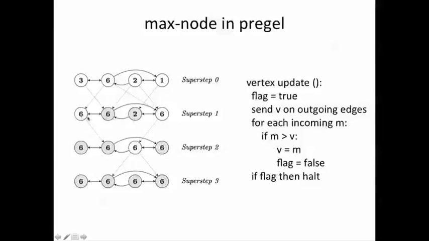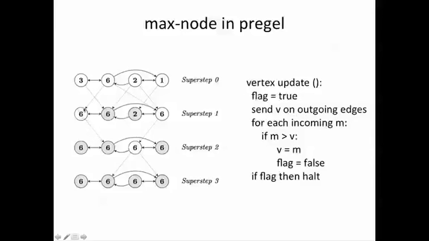These vertices 1 and 4, however, are not halted, so they have to propagate their value in the next super step. So they are actually going to send the value on the outgoing edges.